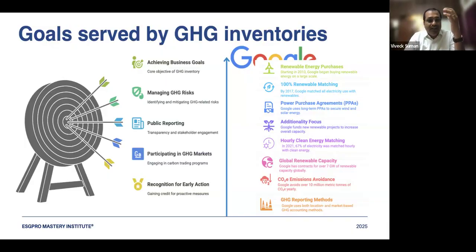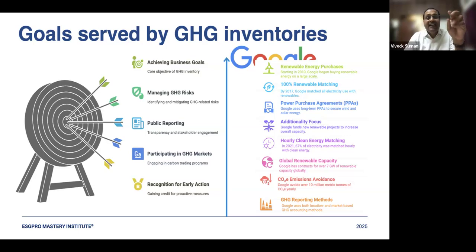So it serves following 5 goals. First, it achieves the business goal by keeping core objective in play. And we just learned the core objectives, right? So those things help us to achieve our business goal, being sustainable, being reasonable, not emitting too much of carbon dioxide in the environment, and providing a true and fair representation of the same.